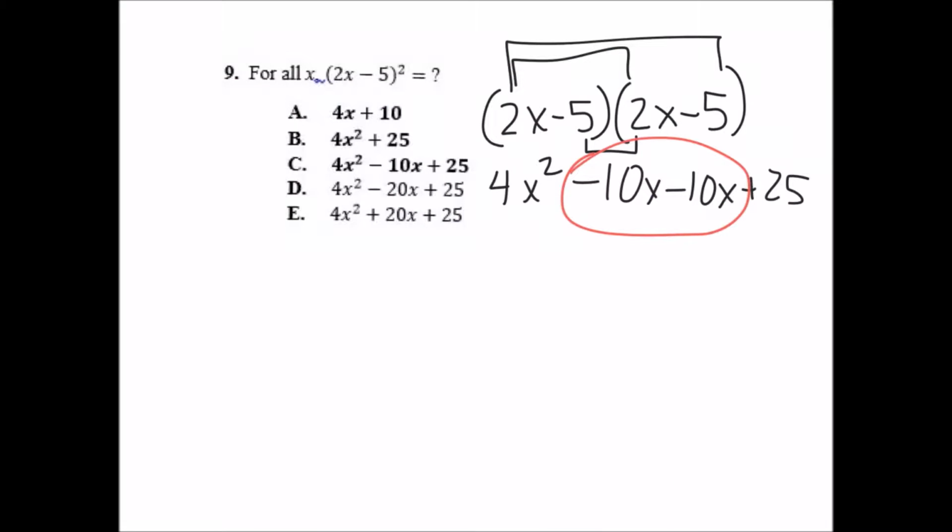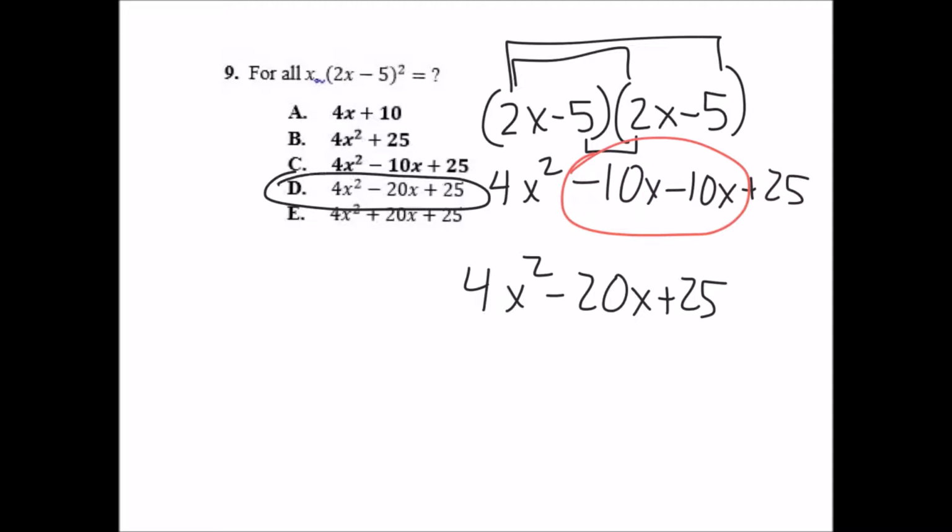Combining the like terms, we end up with 4x squared minus 20x plus 25. The correct answer is D.